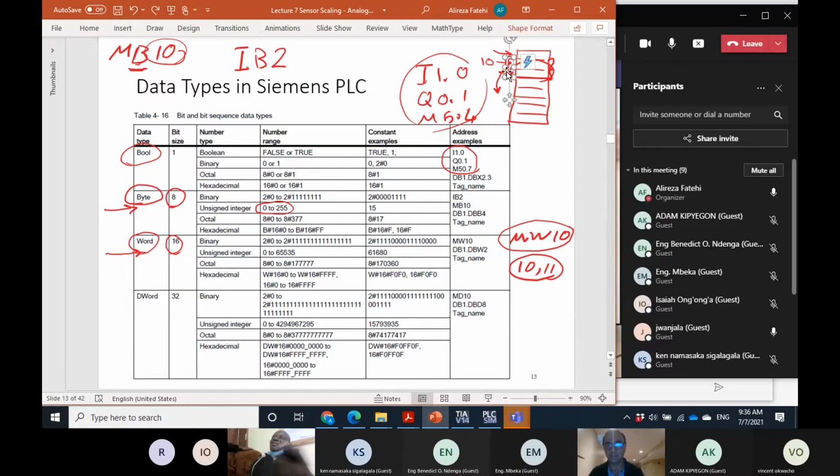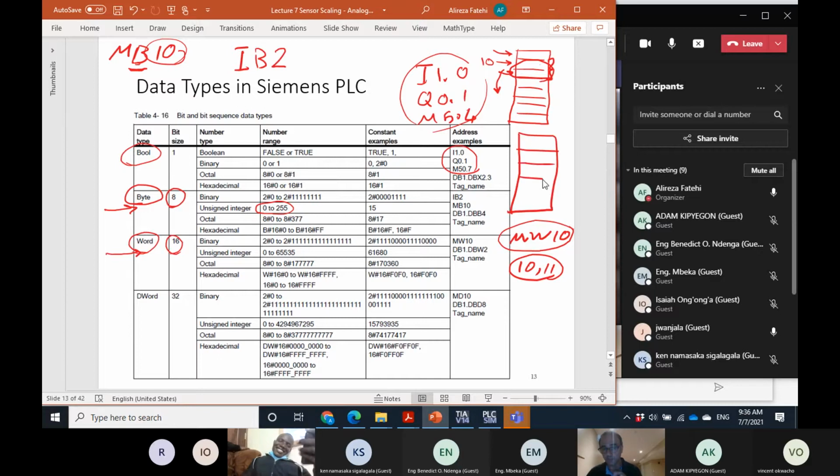Let me clean this a little bit and draw that again. This is important because it is a confusing part, and a point where we may make a mistake in programming and have a bug in our program. The memory cells in the Siemens PLC are based on byte.